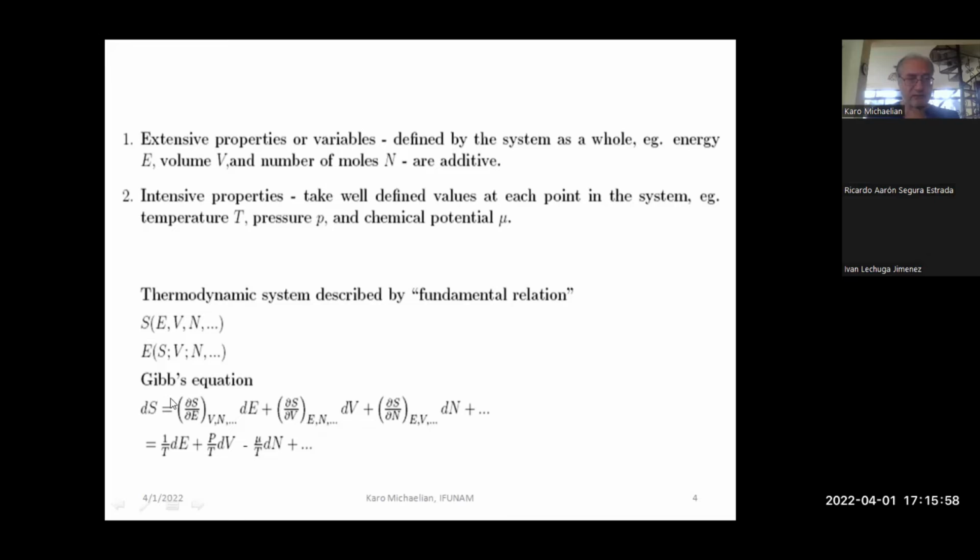Now these partial derivatives of the different extensive variables give rise to the intensive variables. Partial S by partial E at constant volume and number of moles is just 1 over the temperature. Partial S by partial V at constant energy and number of moles is just the pressure over the temperature. And partial S with respect to partial N at constant E and V is just minus the chemical potential over the temperature.